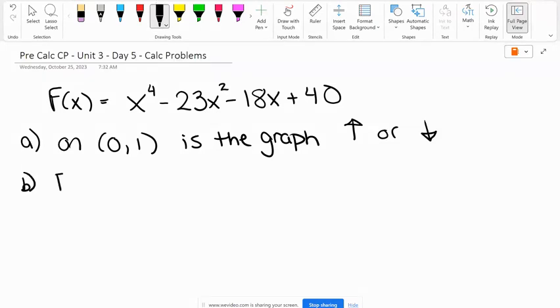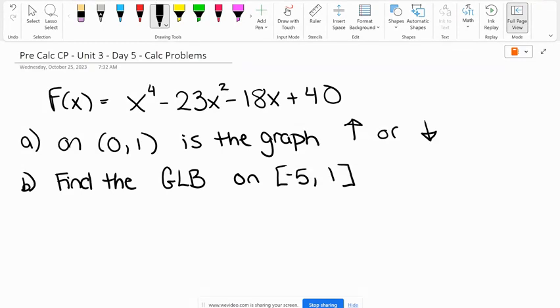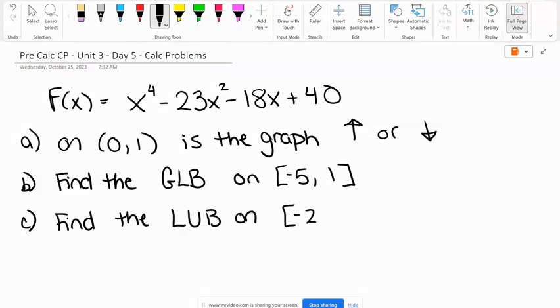B: Find the greatest lower bound, GLB, on the interval of -5 to 1, both included. C: Find the lowest upper bound, LUB, on the interval of -2 to 1, both included.